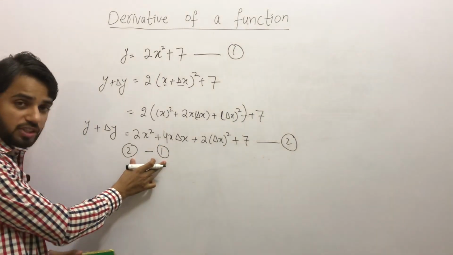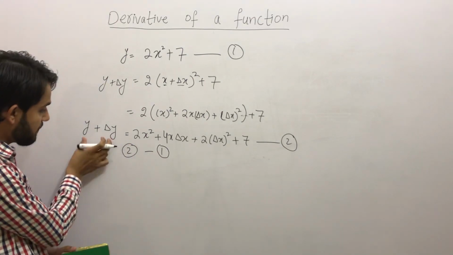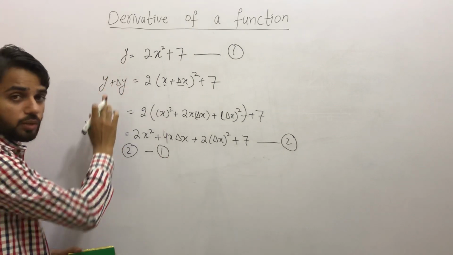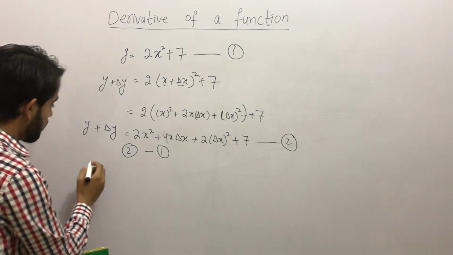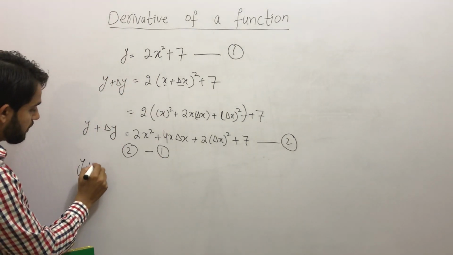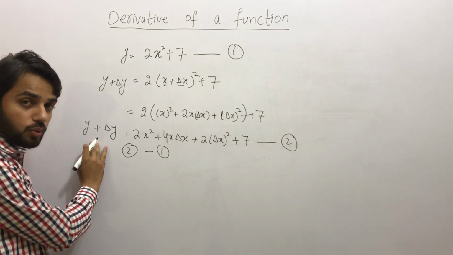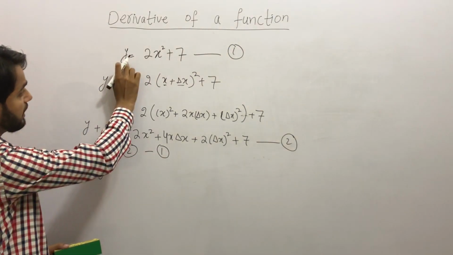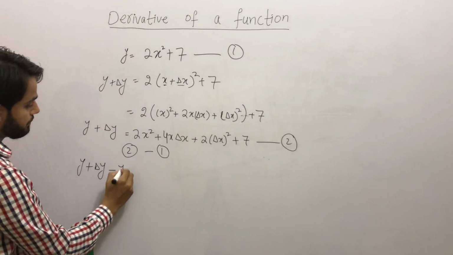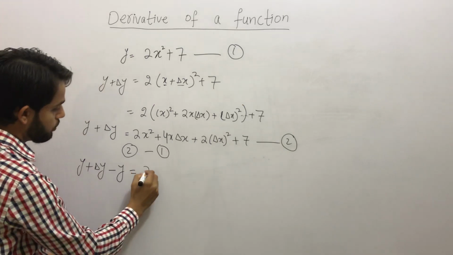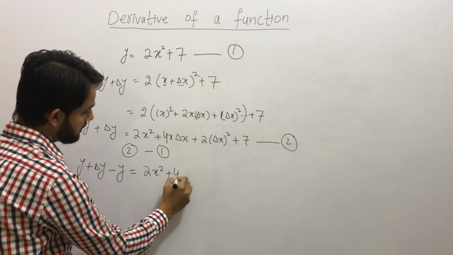In this subtraction of two equations, the left hand side of equation 2 and the left hand side of equation 1 will subtract from each other. So we will write first equation 2. This is the left hand side of equation 2, y plus delta y, and this is the left hand side of equation 1, equals this is the right hand side of equation 2, and we will write it as it is.